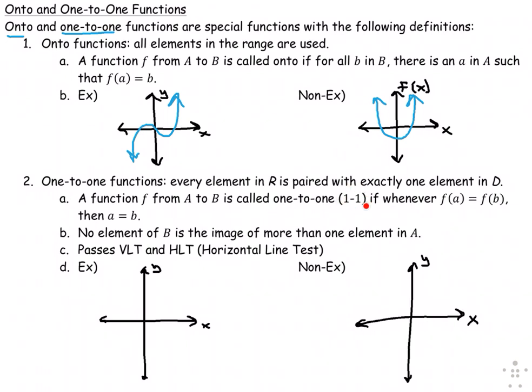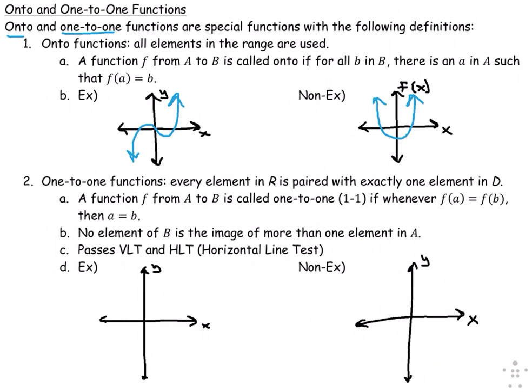This is a shorthand for it: if whenever you substitute an a into a function, it will equal a range value b substituted into that same function, then a must be the same as b. So in other words, no element of the range is the image of more than one element in A.